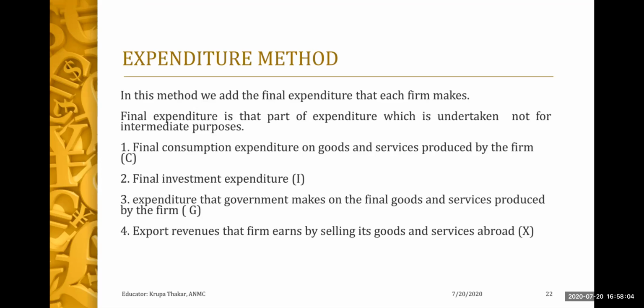So C is consumption expenditure, I is investment expenditure, G is government expenditure, and X is the export revenue earned by the firm by selling goods and services.